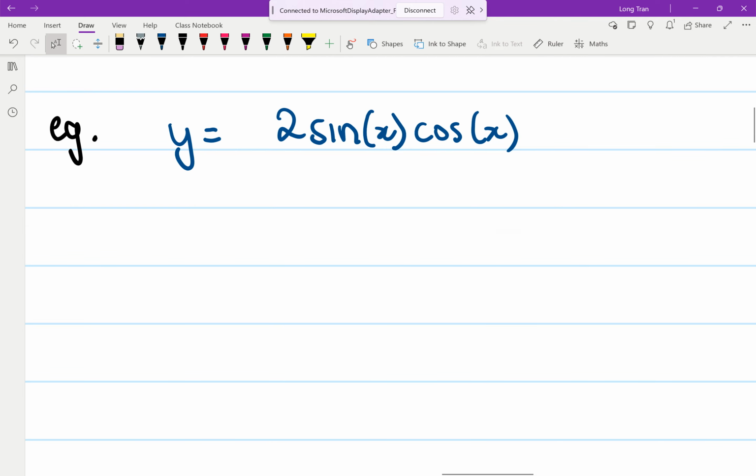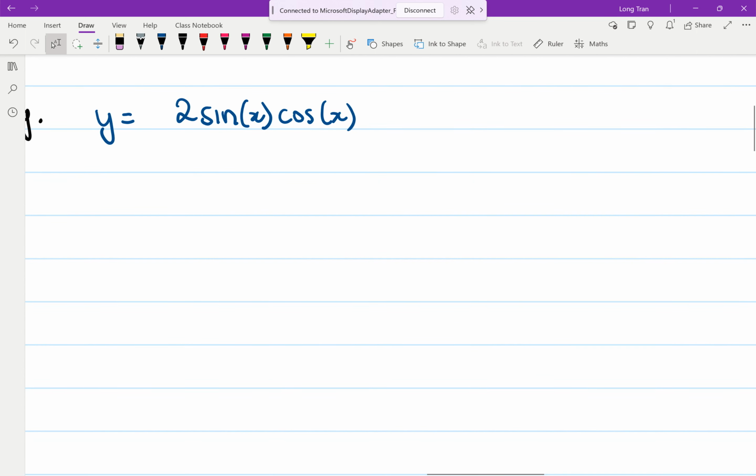How do I know that this is a product rule? It is not a function within a function. I'm going to show you the difference between chain rule and product rule. If you had a question that looks like this, y equals 2 sine of cos of x, see the difference between the two?